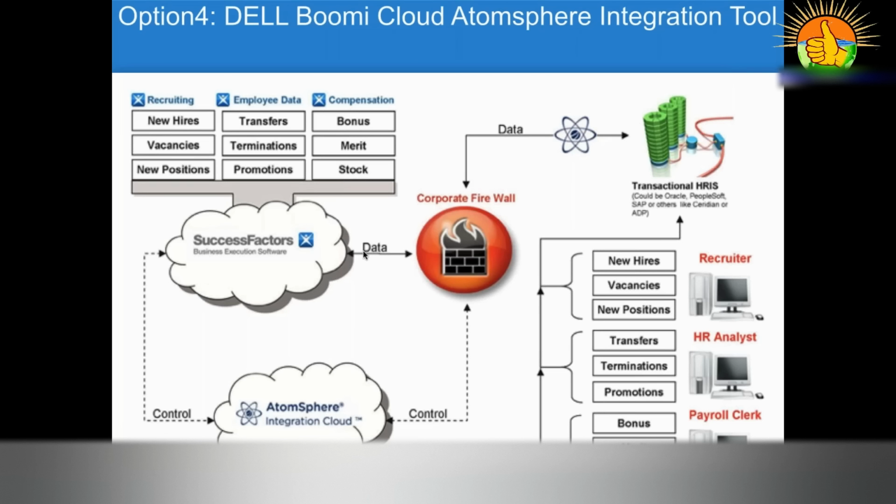The data will flow from SF to the traditional HRIS, from HRIS to SF, vice versa. The data will flow here and there together. We will get the required outcome from the system. So these are some of the integration tools. When you speak about a hybrid solution, this is how the solutioning will be done.